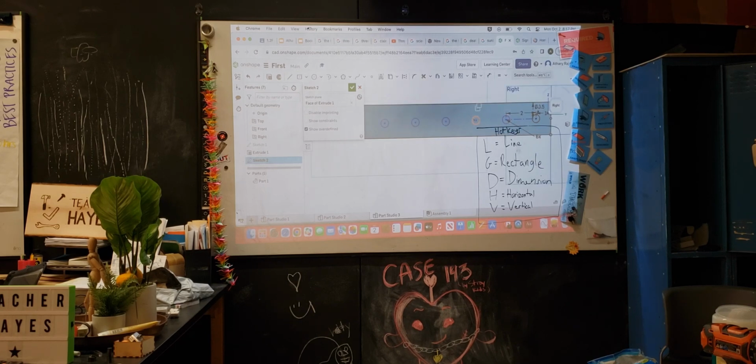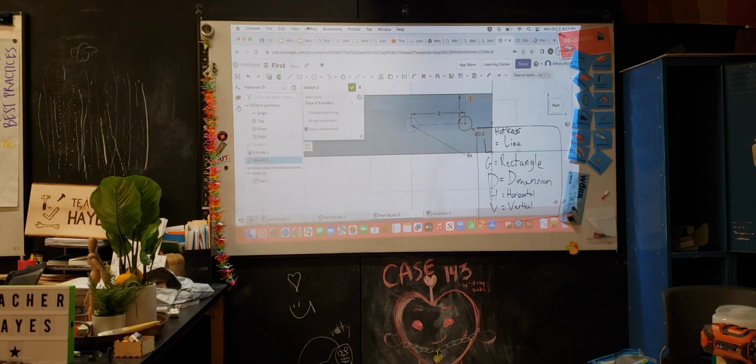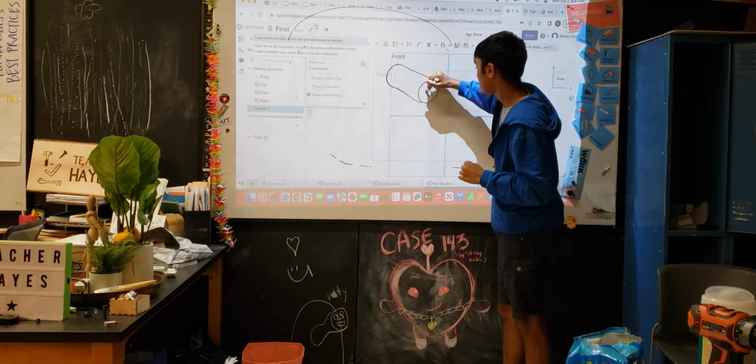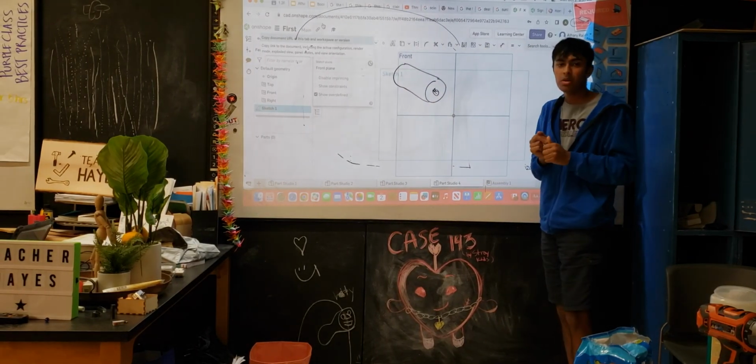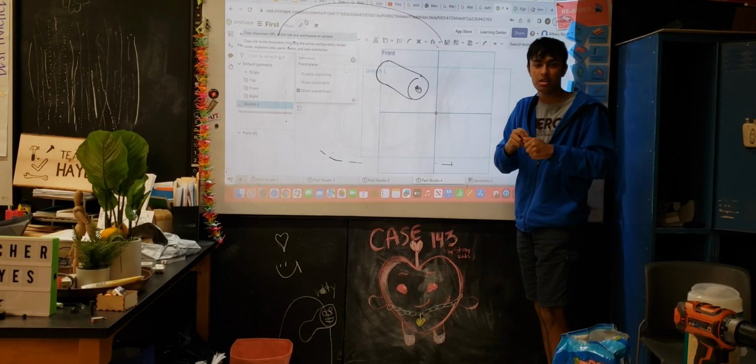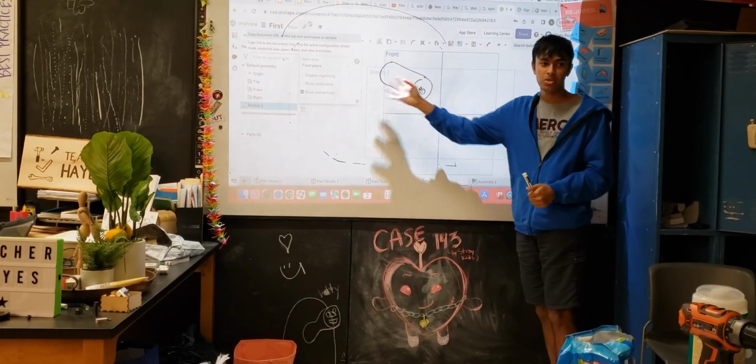It's not defined because this relation, it's not anchored. With a hole in it, so that's a hole. So when you're modeling a spacer, you might just think, oh, make a circle and then extrude it.